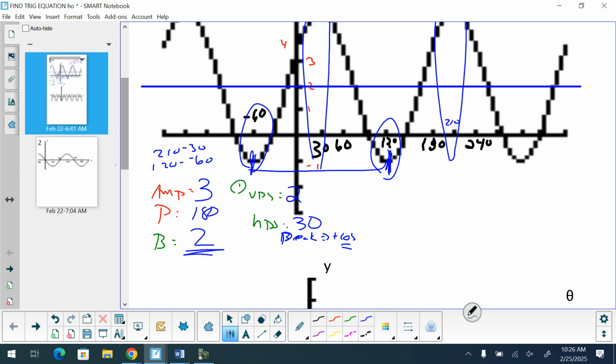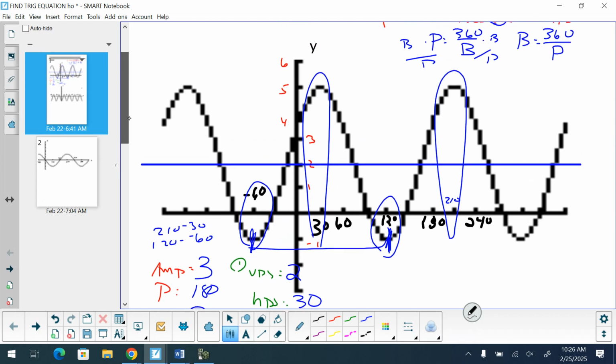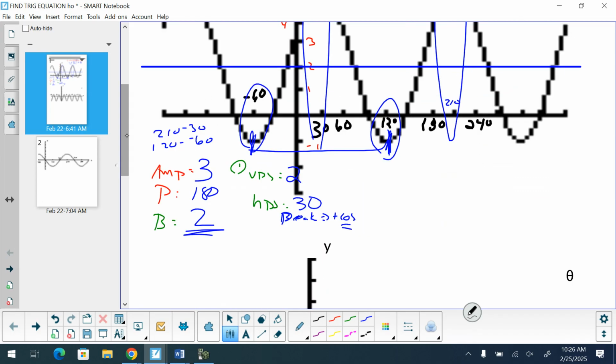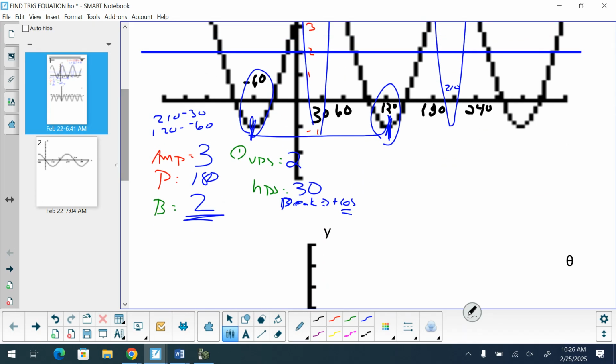So if I throw in all my information now, I have y equals my vertical phase shift, which we found is a 2. Since I'm using a peak, I have a positive cosine. I have my amplitude, which is 3, cosine, my b value, which is 2, and theta minus our horizontal phase shift of 30 degrees.